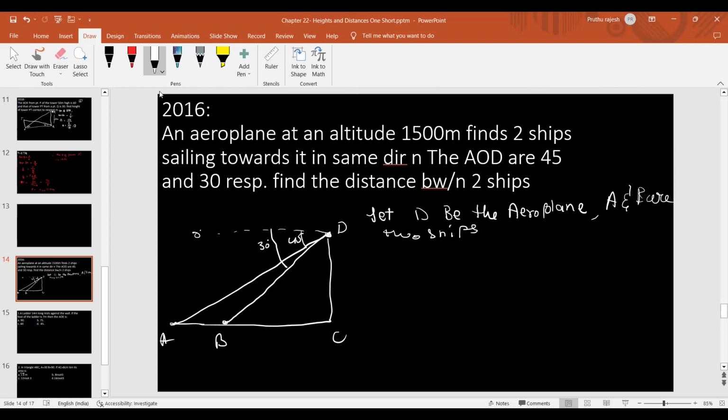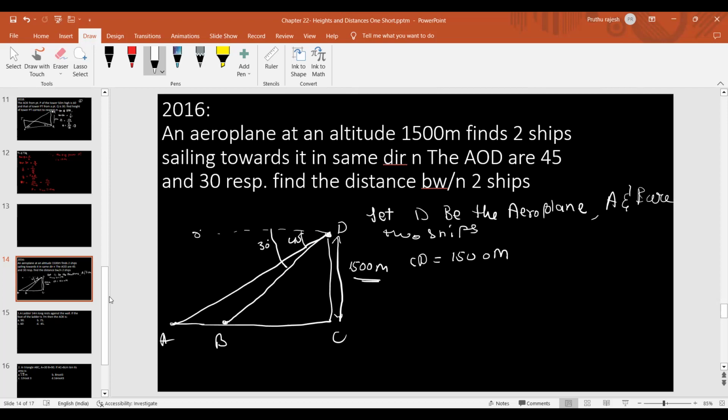So A and B are two ships. Now they have given the value of CD to be 1,500 meters. So CD equal to 1500 meters.